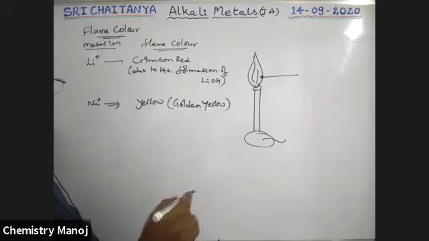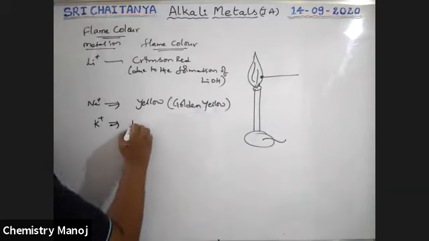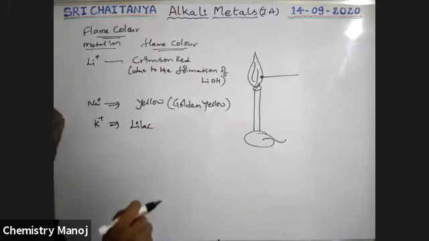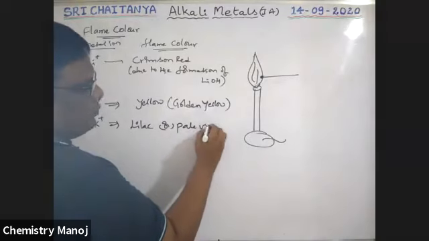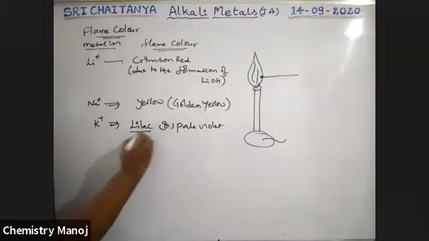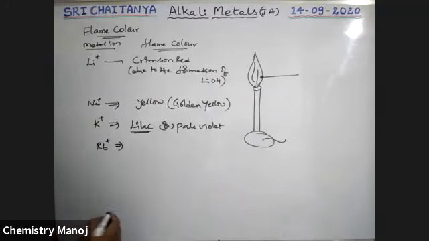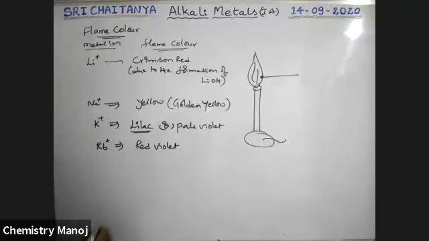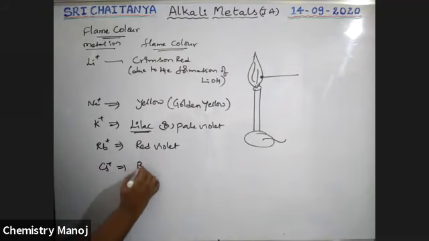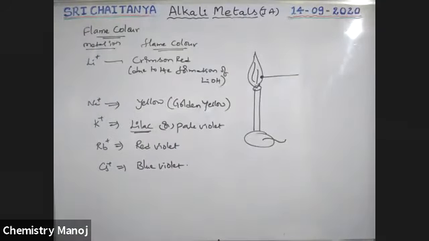Next, potassium, K plus ion, has lilac, light blue color, also taken as pale violet. Please keep in mind: pale violet, lilac. Rubidium plus ion has red violet. Cesium plus ion has blue violet. These are the flame colors we observe, boys.